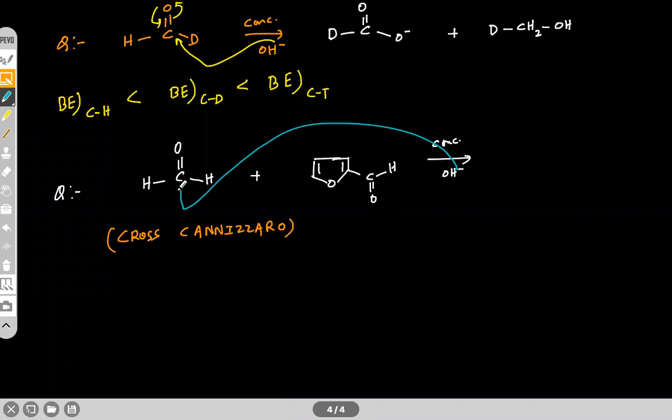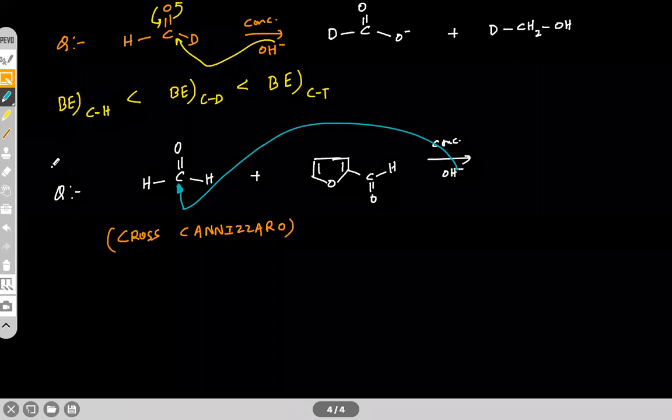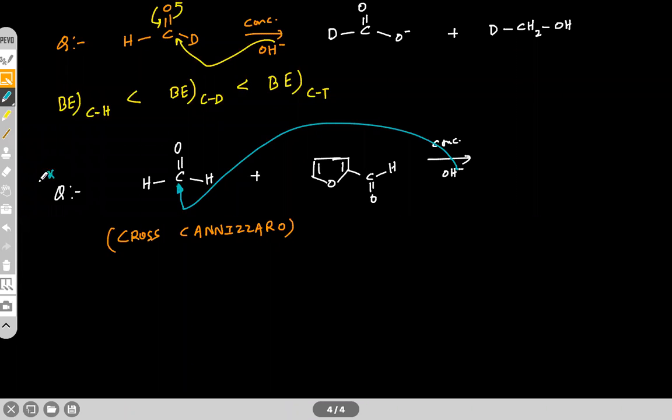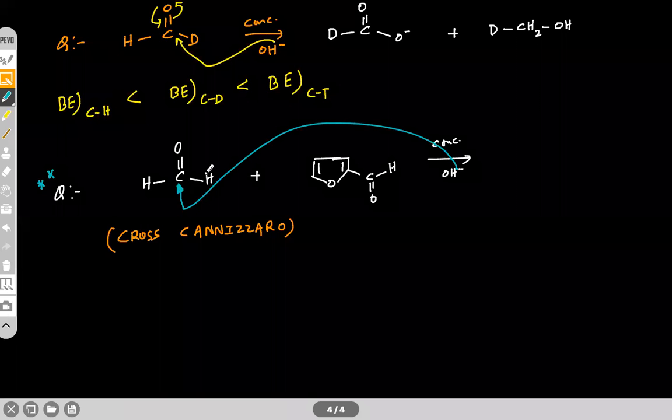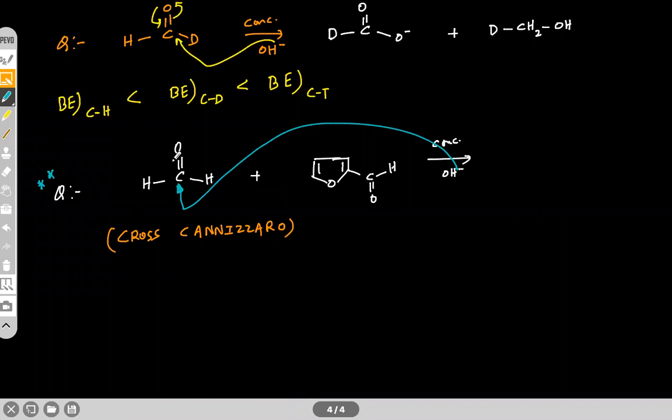This attacks onto this carbon, right? It is always easier to attack onto formaldehyde. That's why, one point you must remember here, very important. Generally formaldehyde-based questions are asked in the exam: whenever formaldehyde is present in a Cannizzaro reaction, OH minus always attacks on formaldehyde, because here the hindrance is the least.